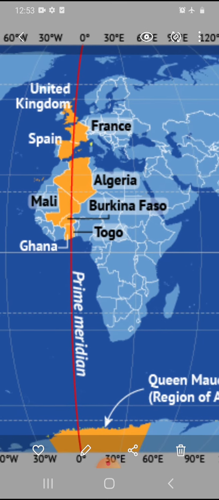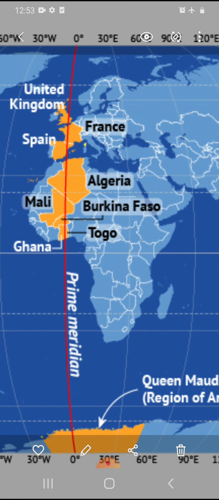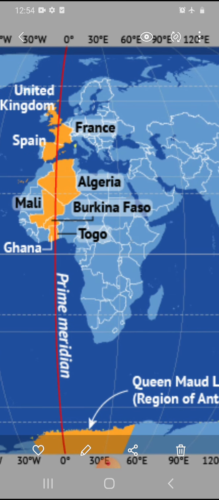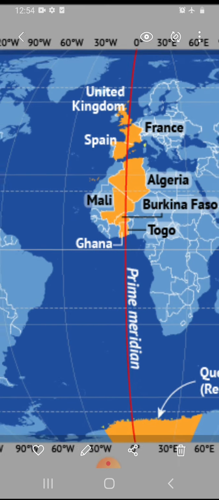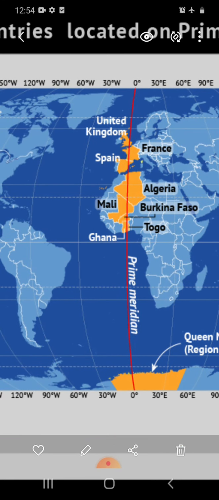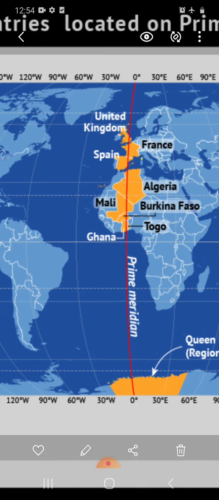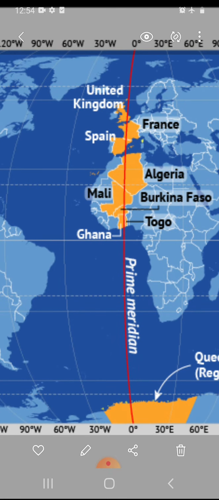The time is calculated worldwide on the basis of this Greenwich meridian. Hence, this line is also known as the prime meridian. Why is the Greenwich meridian also known as the prime meridian? Because it is the basis for calculating the time on the earth's surface, worldwide.